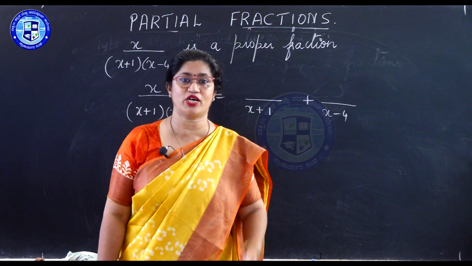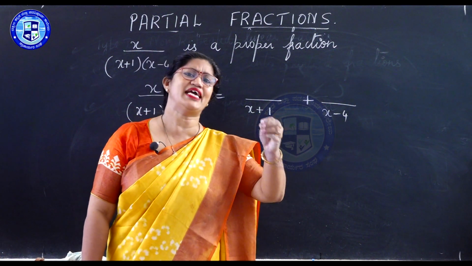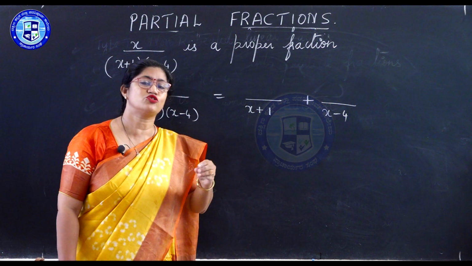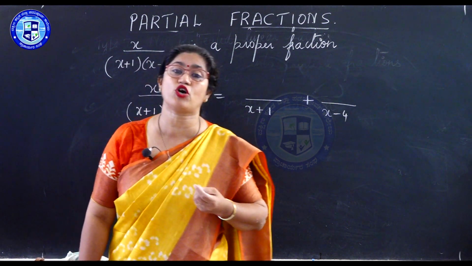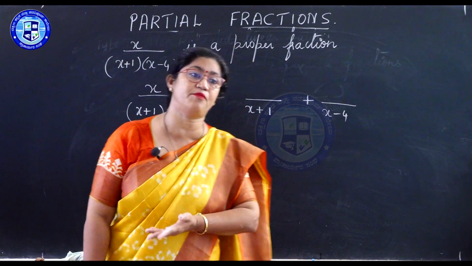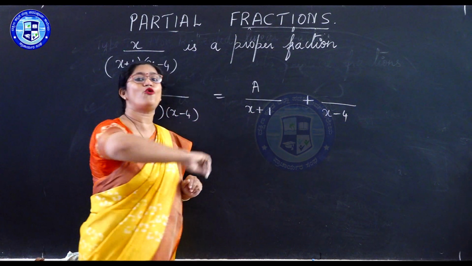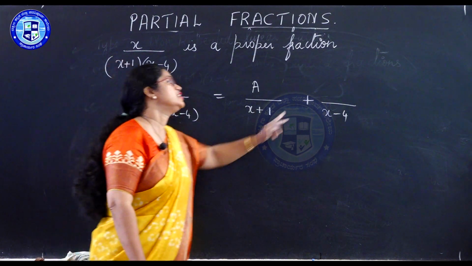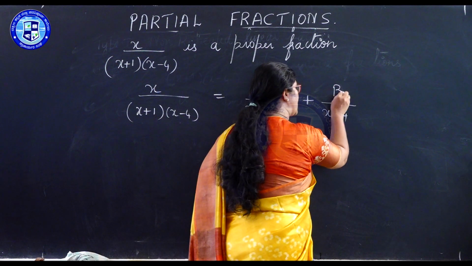I don't know what that constant is, and in maths whenever we don't know, we assign it some names. So since x is already there, I will take the names for the constants as a and b. This numerator I don't know, so I have written it as a. This numerator also I don't know, so I have written it as b.